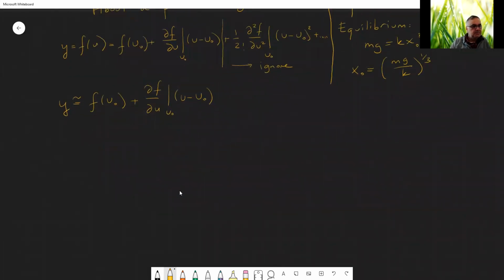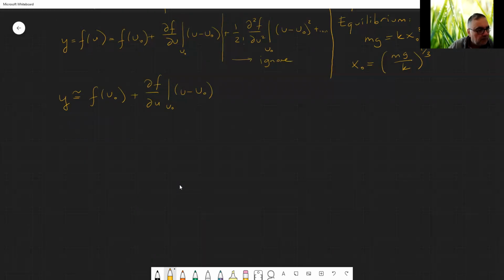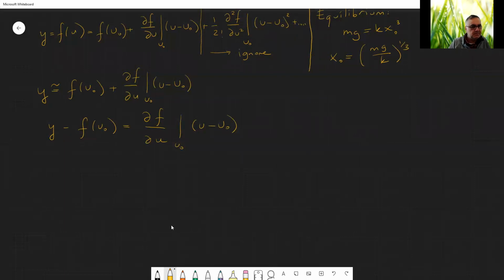So we can write this as y minus f of u0 equals del f del u at u0 times u minus u0. And now we define the following. We define the variables as deviation variables from the equilibrium.